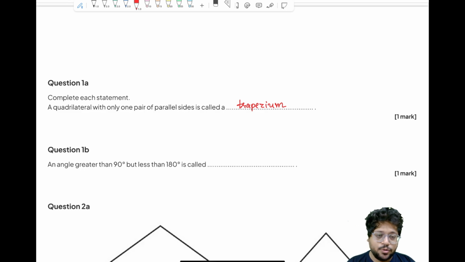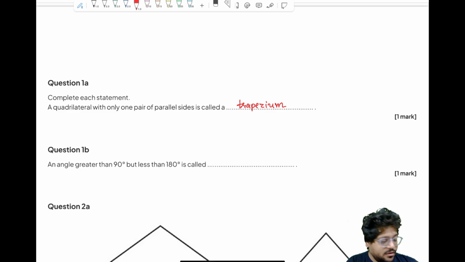B part, an angle greater than 90 but less than 180 is called what? It is called obtuse angle. In the first session of this chapter, the classification of angles, we discussed that if the angle is between 0 to 90, that is acute angle, exactly equal to 90, that is right angle, between 90 to 180, that is obtuse angle, exactly 180, that is straight line angle, then 180 to 360, that is reflex angle, and finally exactly equal to 360, that is called complete angle.